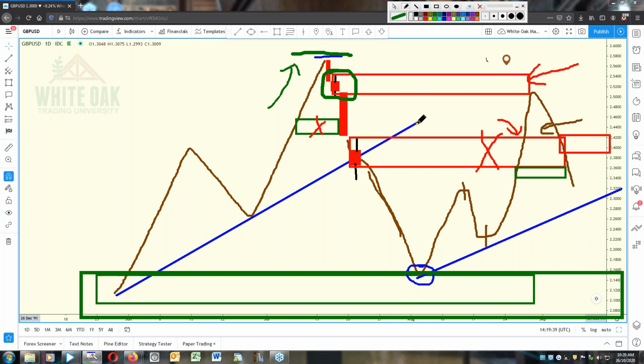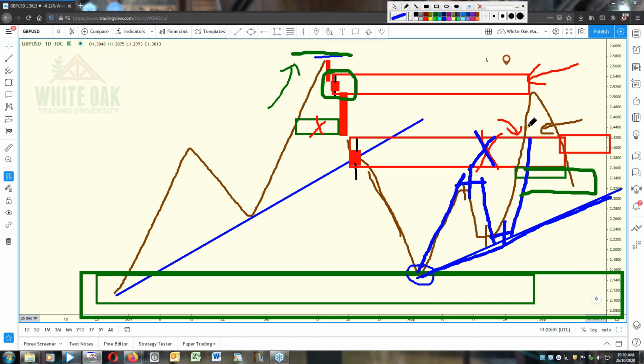If I wanted to call this chart an uptrend, I would have to wait until price does this: consolidates, drops, consolidates, beautiful. Now we have an ascending structure. I'd wait for this to get taken out. It gets taken out, beautiful. Now we have a demand zone here, but I would wait for this one to be taken out.